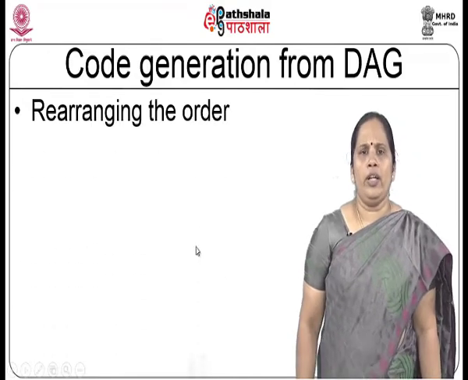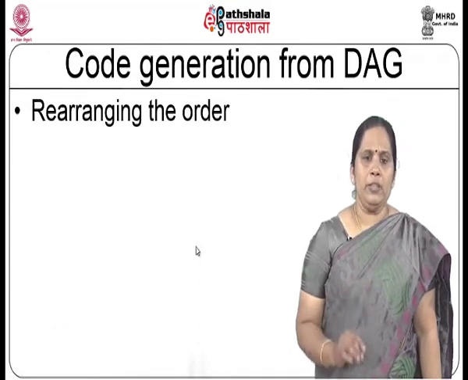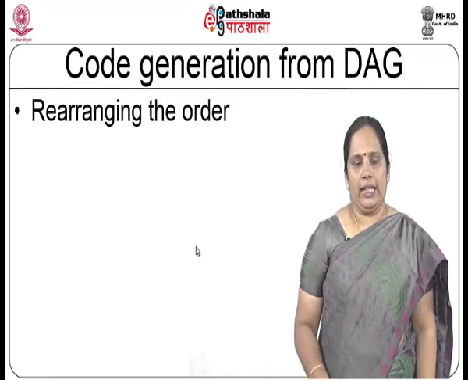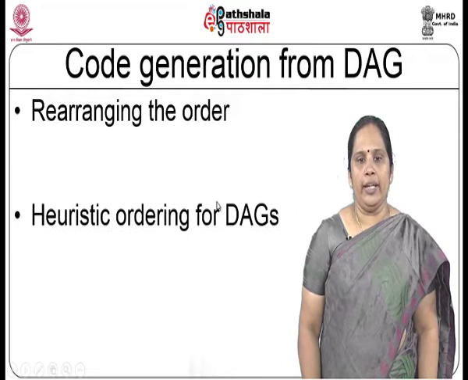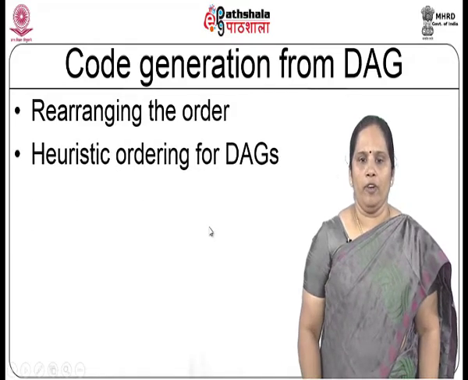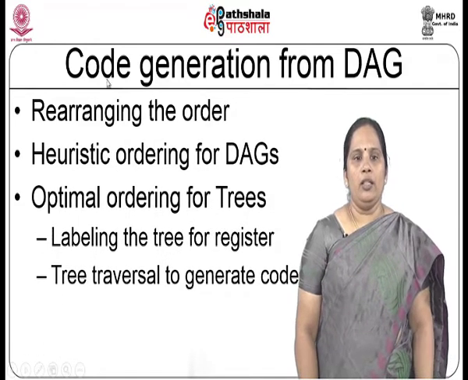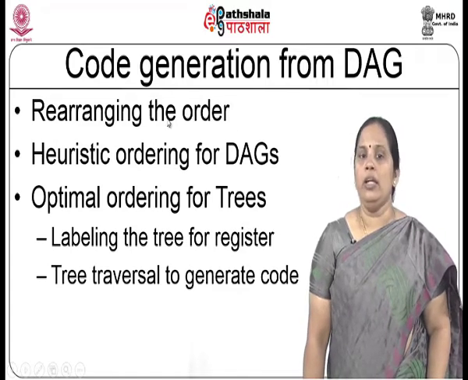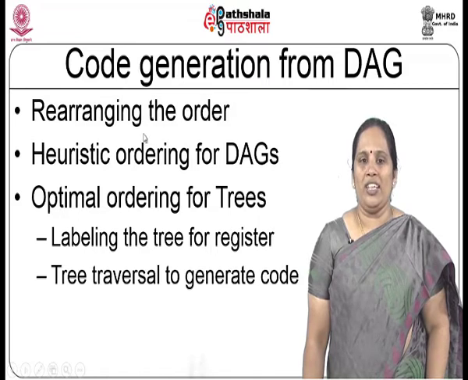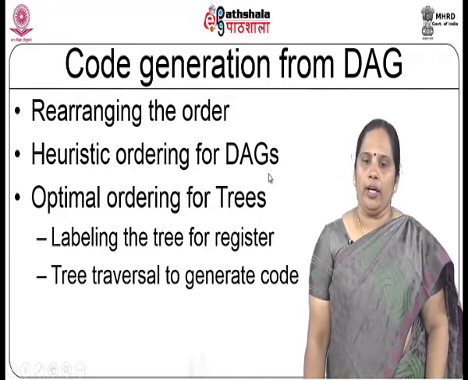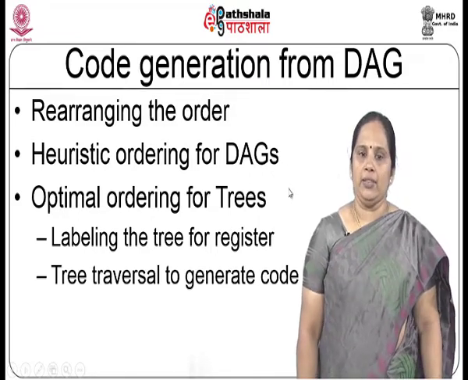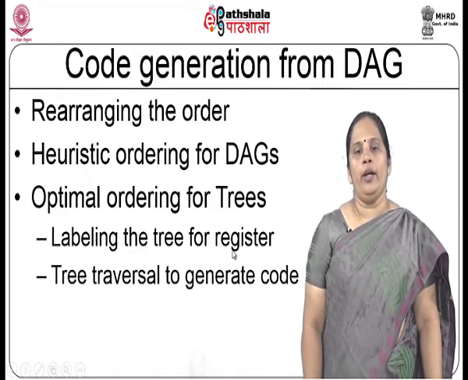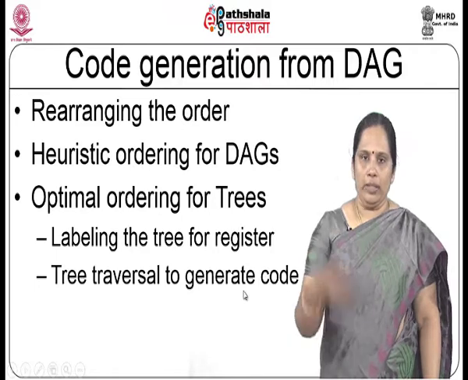Now, why do we construct a DAG? The purpose of constructing a DAG is to generate code from it basically. Now this code generation involves the following steps. The first one is to rearrange the order of statements if it is possible, which is done using what is called a heuristic ordering for directed acyclic graphs. After rearranging, you have to do an optimal ordering for trees. Now the DAG itself is a tree, right?